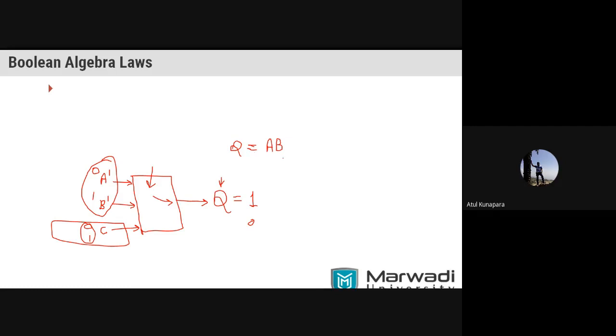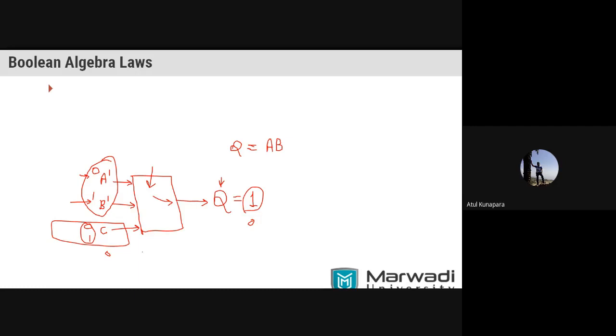Okay. And now suppose I say that my system is required to give me output Q equal to 1 when A and B both are logical 1, as well as your C should be 0 at that time.